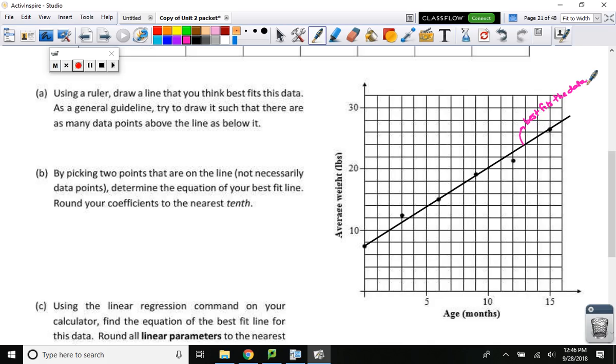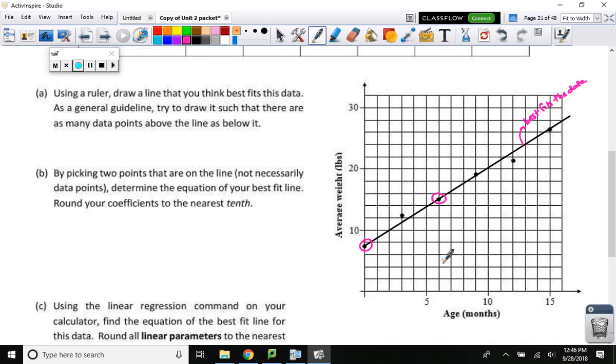All right, so now we're going to pick 2 points that are on the line. They don't necessarily have to be data points, although it looks like I have 2 that are data points. So I could use those. I've got this one and this one. They both happen to be on my line that I drew. So I'm going to use those.